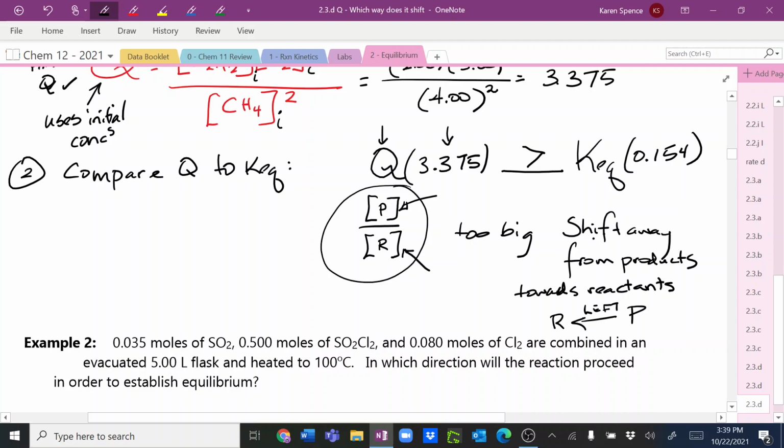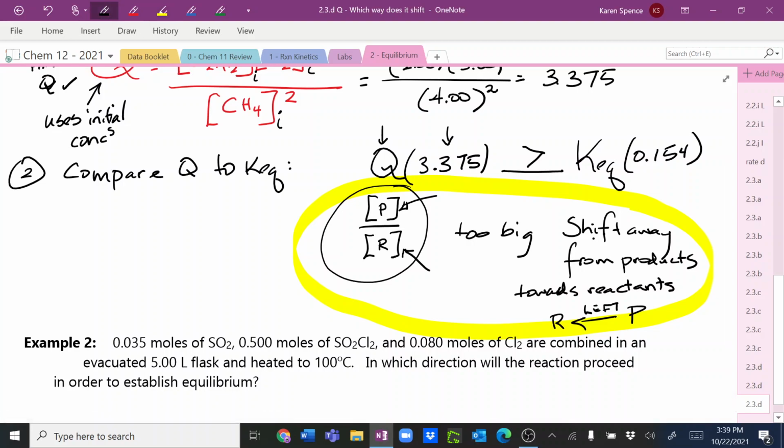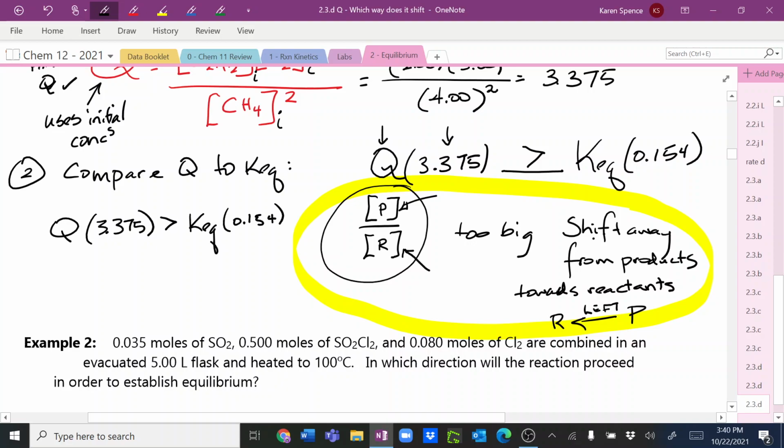And all you actually need to write, you don't need to write all of this business here. I find it helpful for my own thinking to do that, but all you really need to write is Q 3.375 is greater than KEQ 0.154.